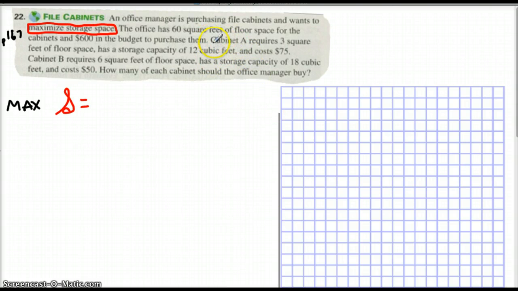So we got cabinet A. In my mind, that's going to set up a cabinet B somewhere. But cabinet A requires 3 square feet of floor space, okay? Has a storage capacity of 12 cubic feet and costs $75. So there's a lot going on there. You got floor space, you got storage capacity, and you got money.